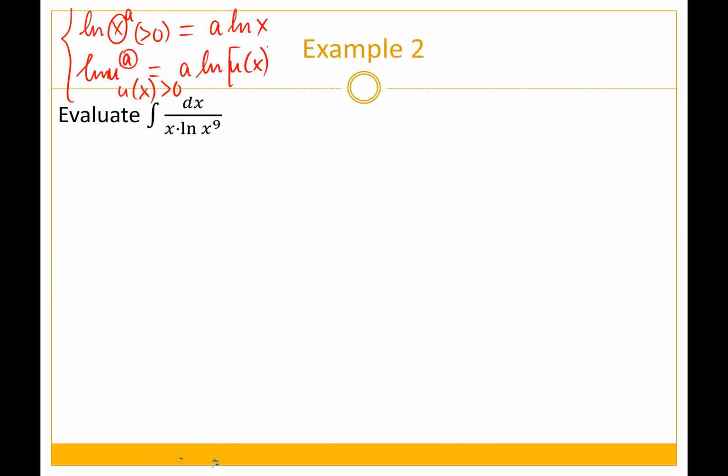In this case, I would still call this integral I. But before I start any u substitution, the first step, and try to do this for as many problems as you can, is to simplify the problem a lot. However, there are some cases where you need to keep the form x to the 9 instead of putting it out as 9 ln of x, so that you can solve the problem.